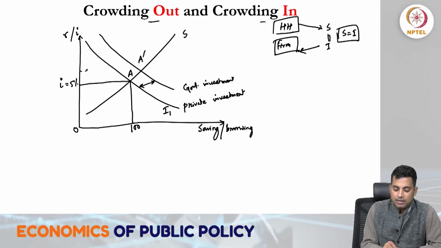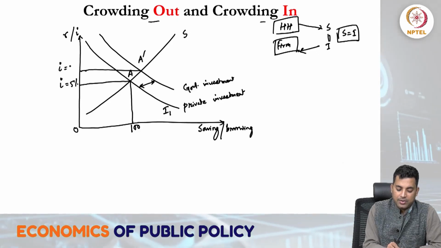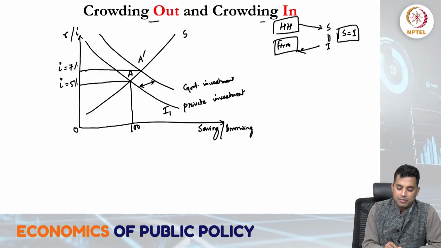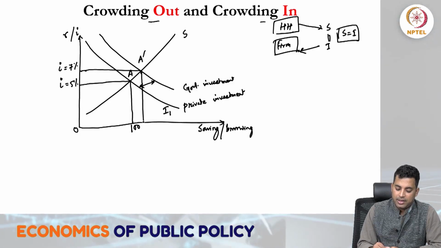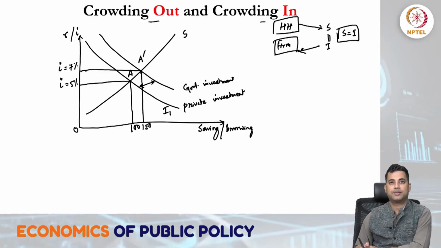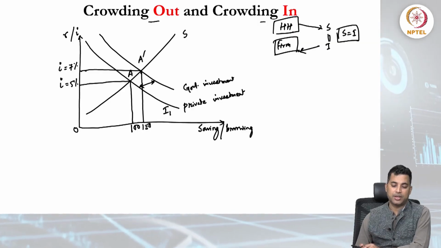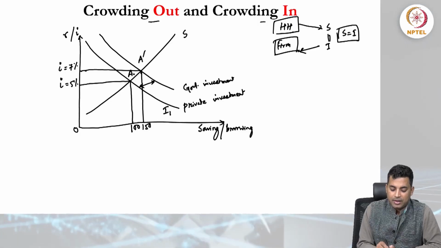And you can see the rate of interest has increased, say from 5 to 7%, but in this equilibrium we get, say, 150 units of the savings or borrowing, whatever the amount that we are talking about here. So now two points here.